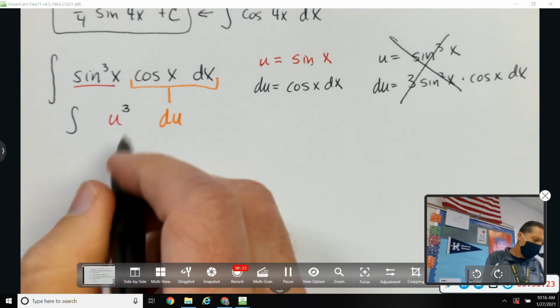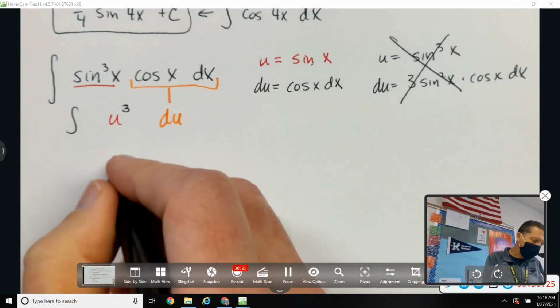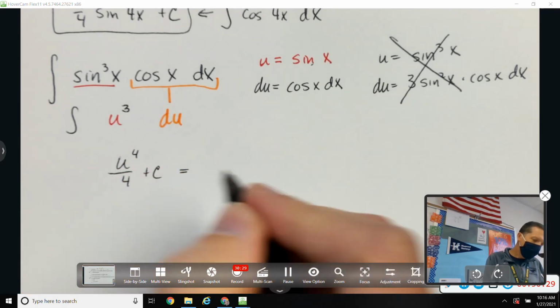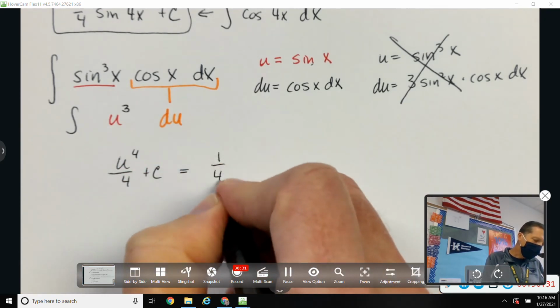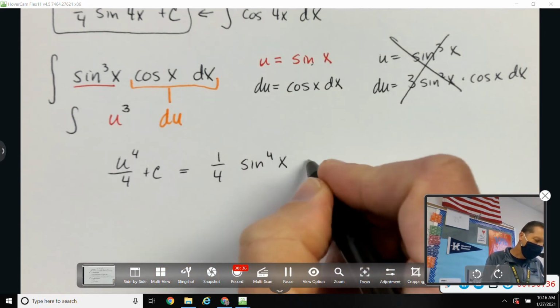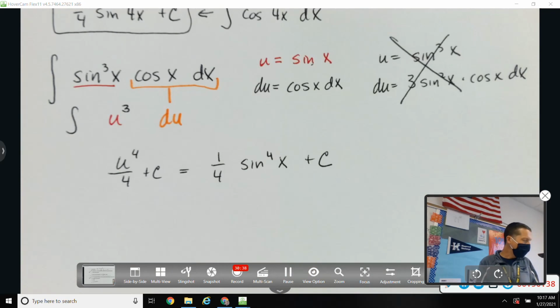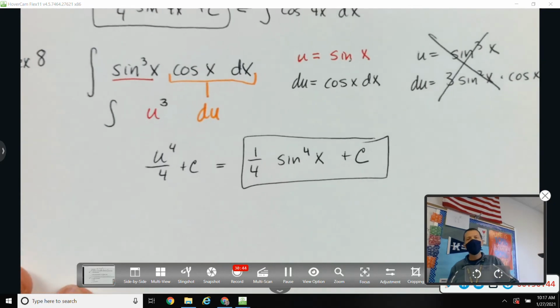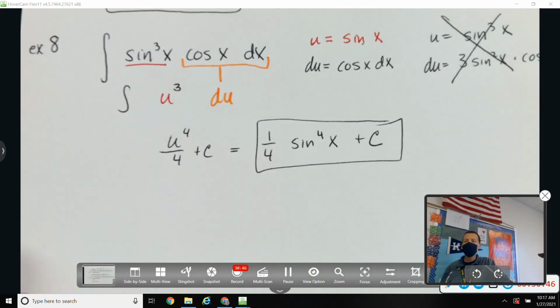I didn't even have to fix a constant on this one. So u to the 4th over 4, which would be 1/4 sine to the 4th x plus c. And not that you would do this very often, but you could check that by taking a derivative.